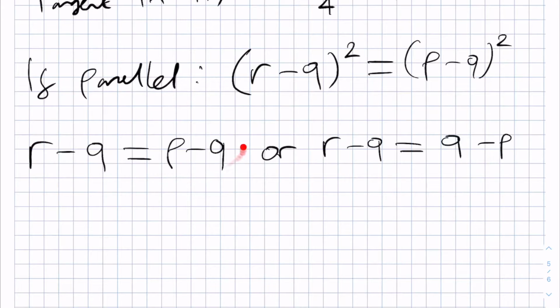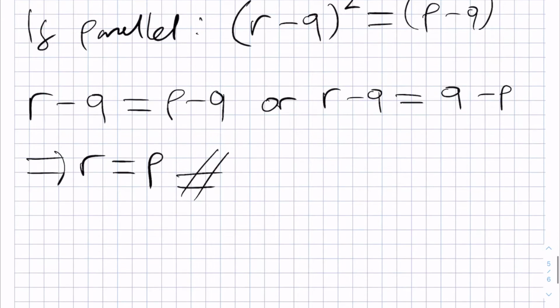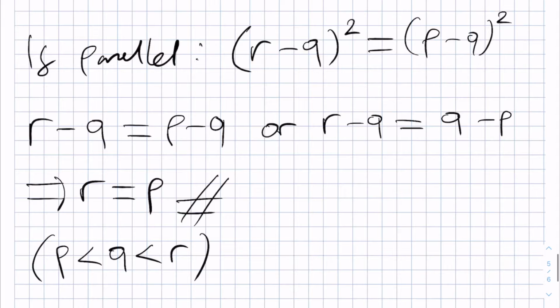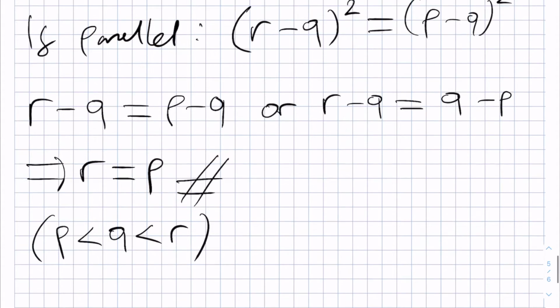For the first possible condition, we can cancel the q's, and so we get that r equals p. However, this is a contradiction because we were told that p is strictly less than q, which is strictly less than r. As a result, this is the only possibility, which gives us the equation that 2q is equal to p plus r.